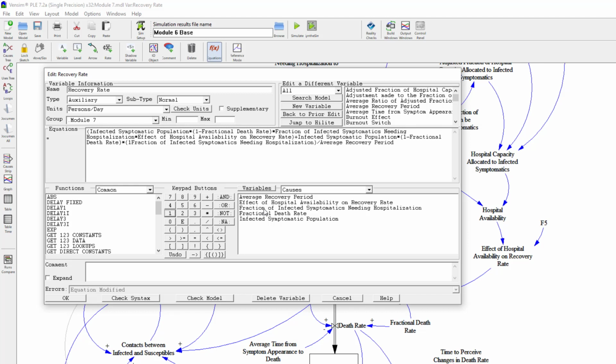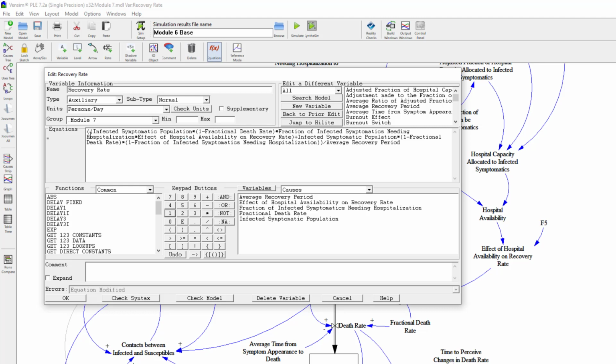So these are the people who don't need to go to the hospital. Okay, and this whole thing will be divided by average recovery period. Okay, I hope I got all the parentheses right. Sometimes it gets really confusing. Oh, here. I gotta say 1 minus.